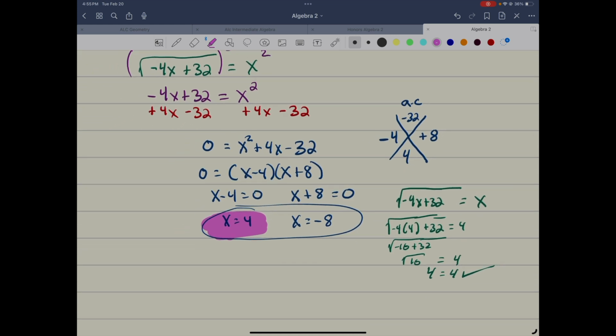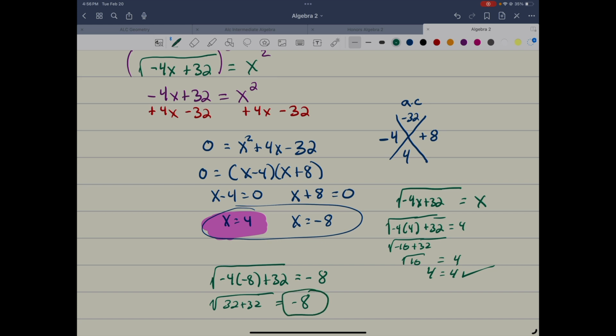So that means 4 is one of my solutions. Now we're going to try the -8. And I think if you look at the -8, you might be able to see why this doesn't work. So we've got the square root of negative 4 times negative 8 plus 32. That has to equal negative 8. Well, that's 32 plus 32, and that's got to equal negative 8. Is that ever going to equal a negative number? No, it's not.